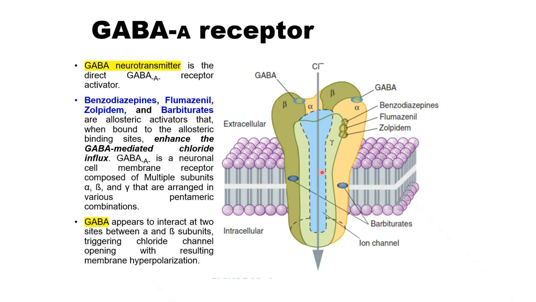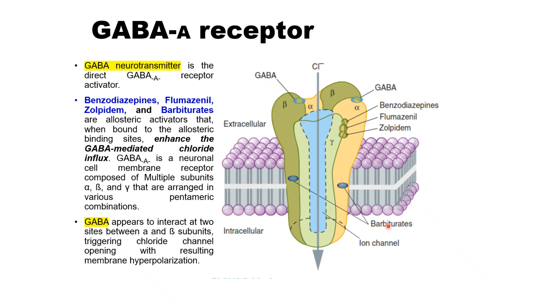The activation of the GABA receptor's chloride channel will enhance the GABA-mediated chloride influx. So this influx will lead to increased intracellular chloride negative ion, and the negative ion intracellularly will lead to hyperpolarization of the cell membrane.